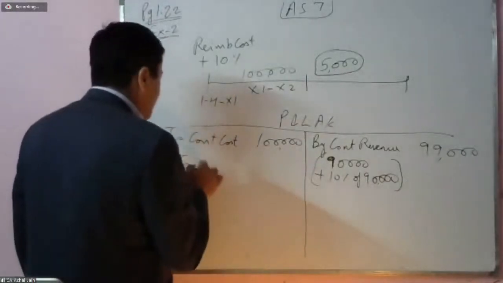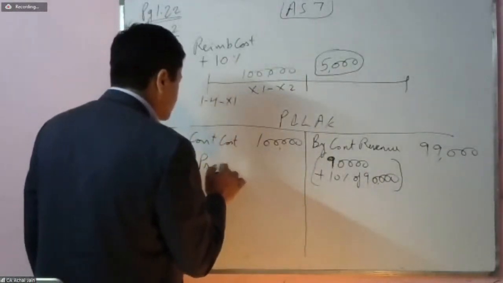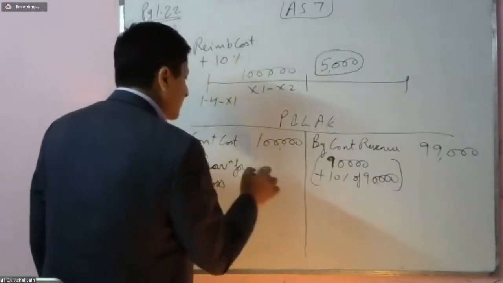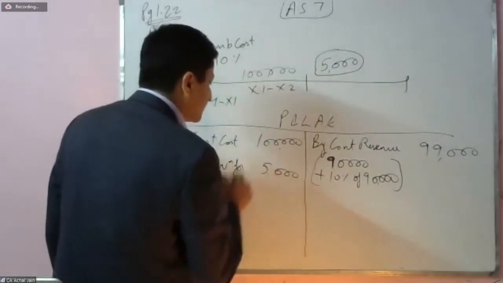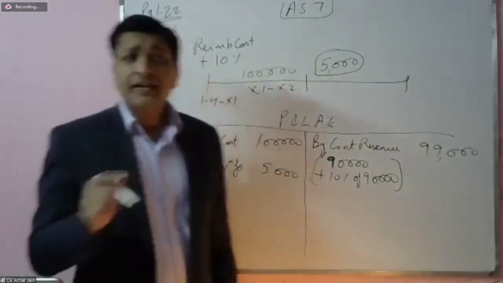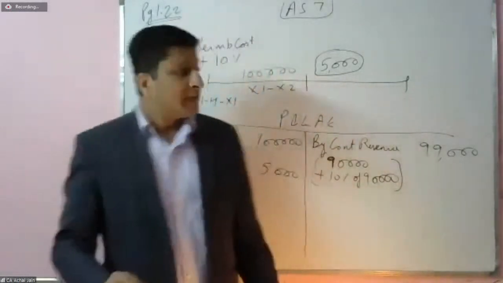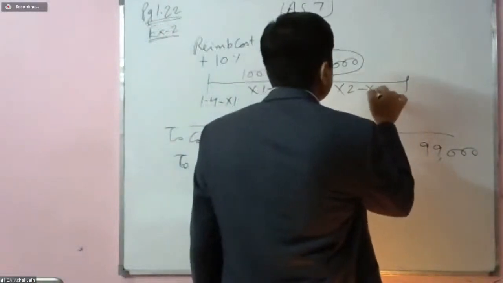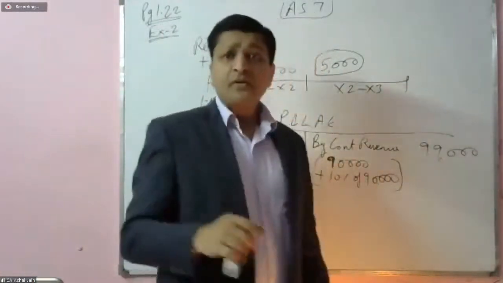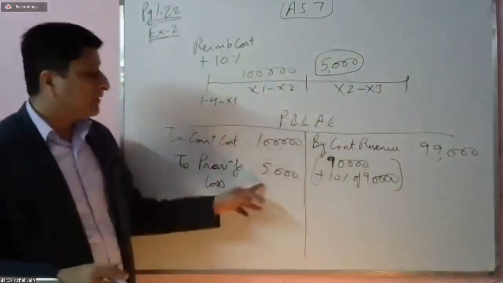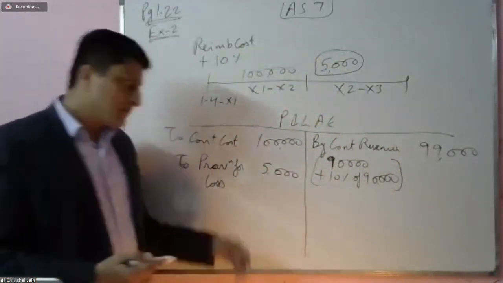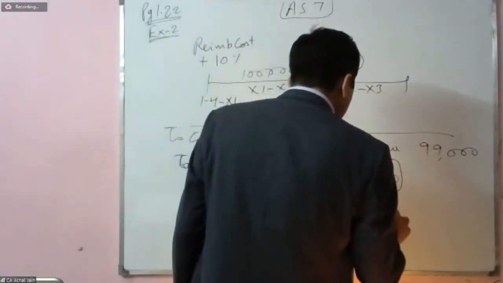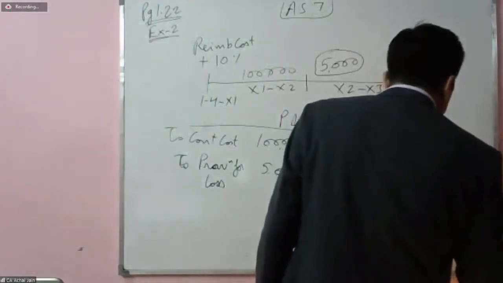We need to create a provision for this loss, let's say provision for loss on this contract, 5,000. This provision will be created in this year itself, even though the cost will be incurred in the next year. So we are not booking actual cost, only a provision, by which there will be a net loss of rupees 6,000.